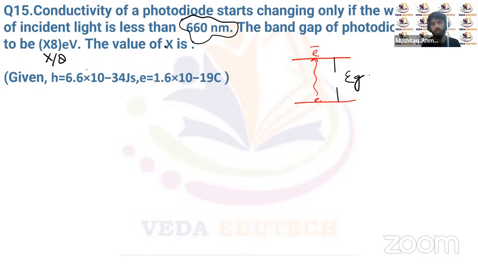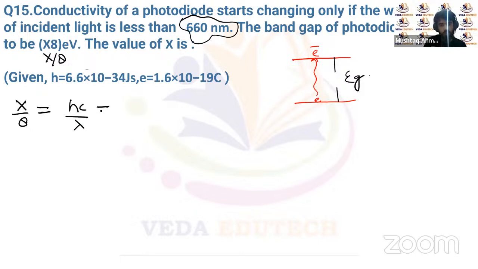So the energy of a photon of 660 nanometers will be the band gap between the valence band and the conduction band, which is given as x upon 8. So x upon 8 will be equal to the energy gap, which we can write as hc by lambda.